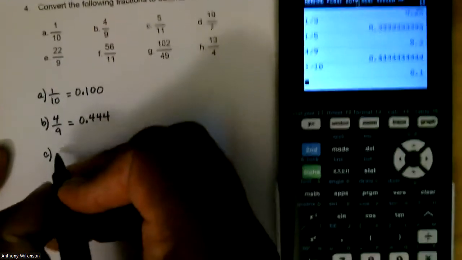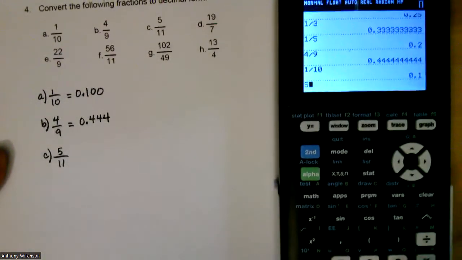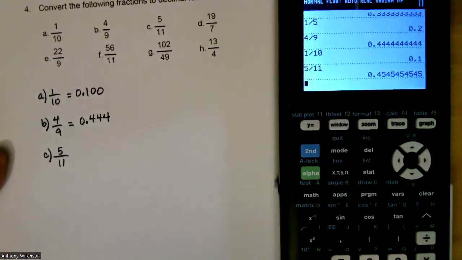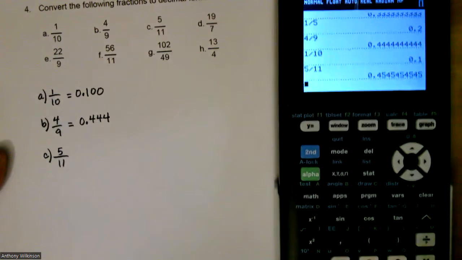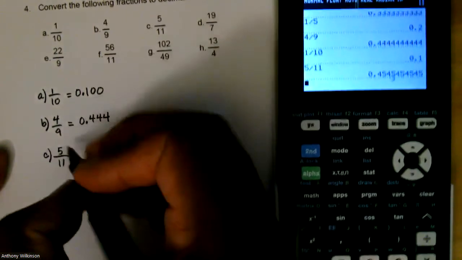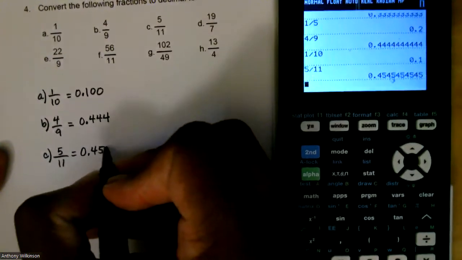So in part C, 5/11 would be this, 5 divided by 11. That would give us 0.455. The third digit is a 4. To the right of it is a 5. Is at least 5. So that 4 would increase to a 5. So it would be 0.455.